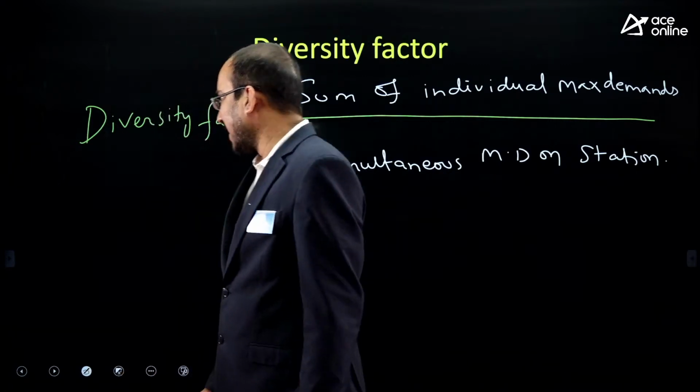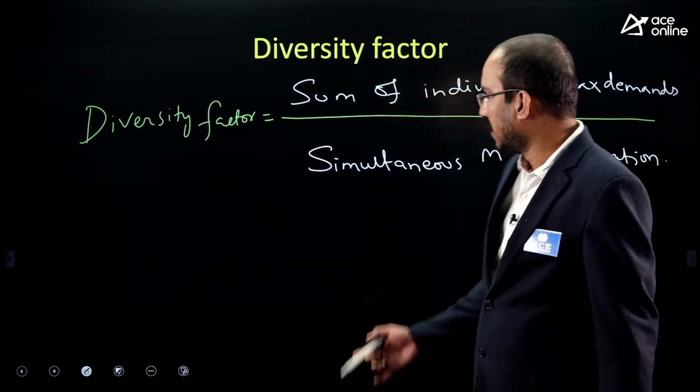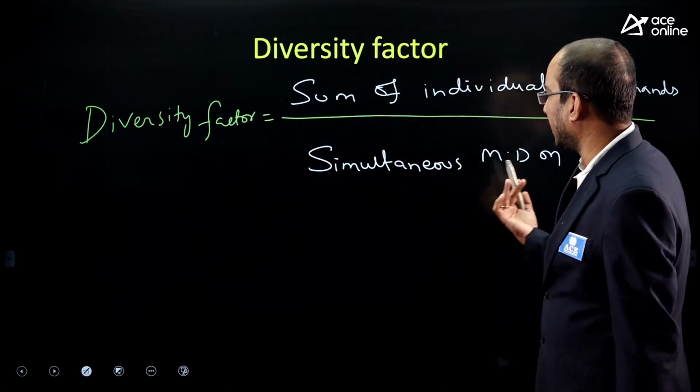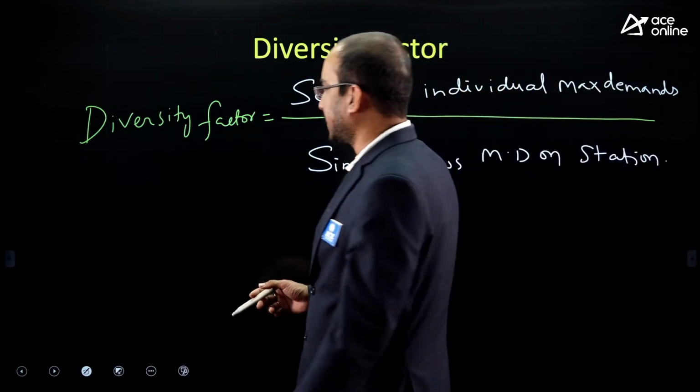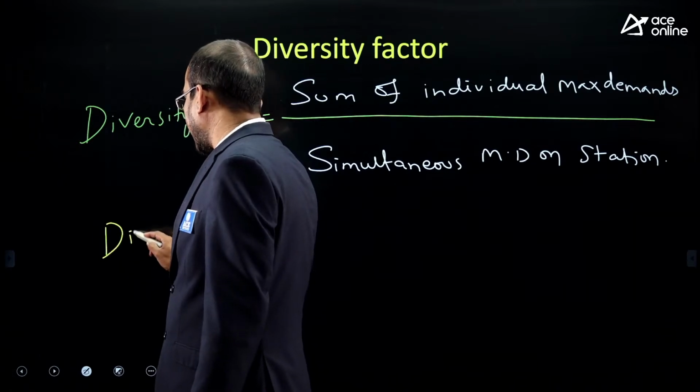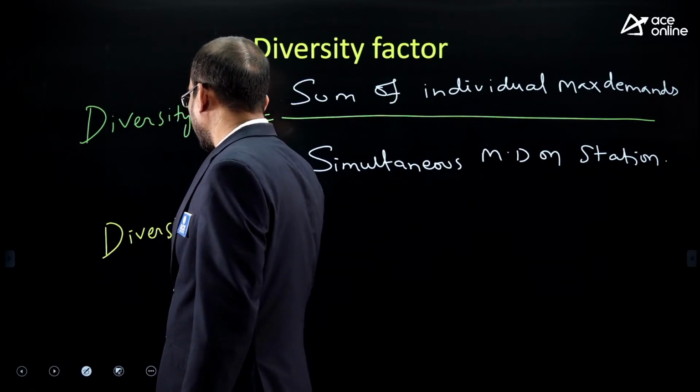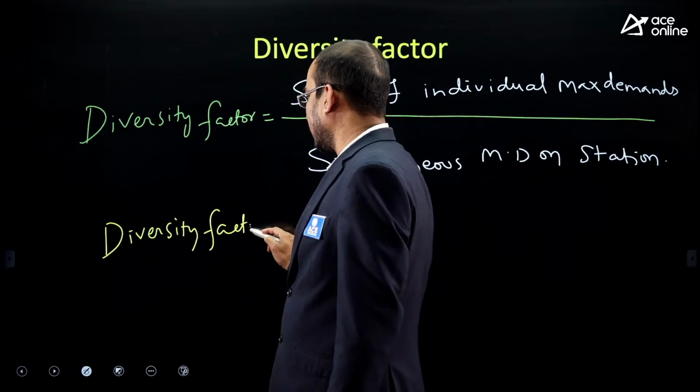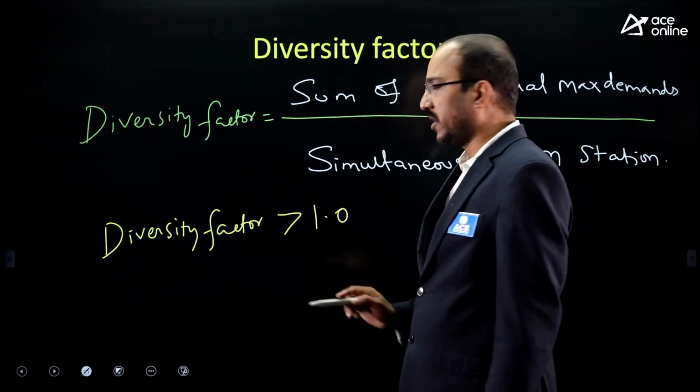Now the diversity factor value will be less than 1 or greater than 1? No doubt the sum of individual maximum demands will be more than the simultaneous maximum demand on the station. So the diversity factor is greater than 1. Very important objective type question.